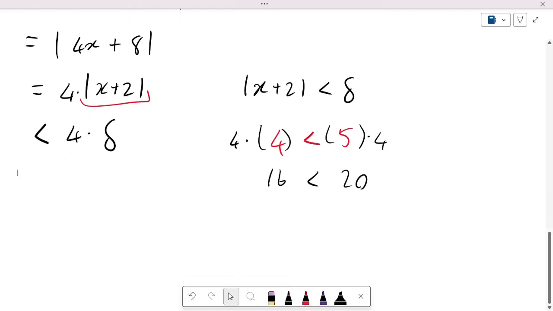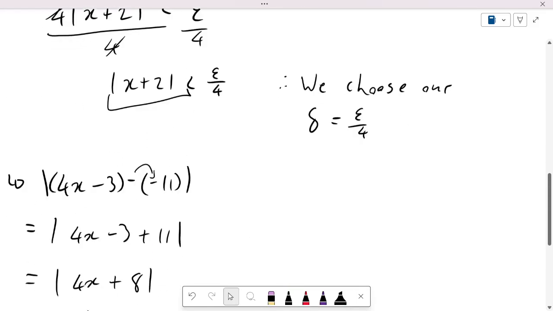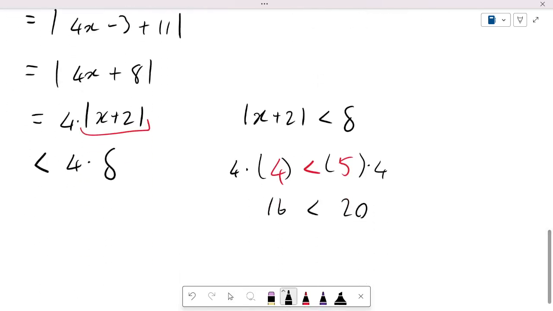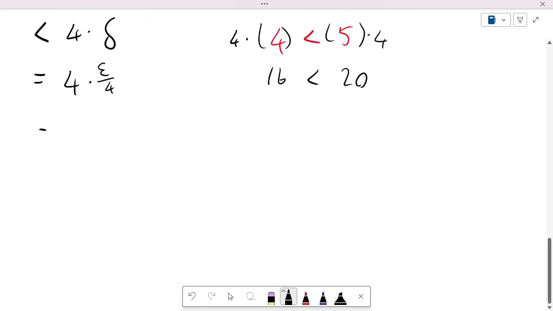Okay, and then remember that we chose our delta to be equal to epsilon over 4. So that's what we're going to do. Now we're going to say equals. This 4 times delta is equal to 4 times epsilon over 4, which therefore, these 4's will cancel out such that you'll get epsilon. And it works just like this.